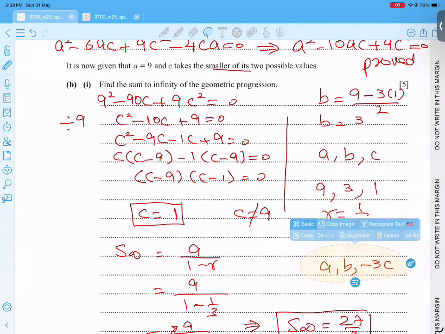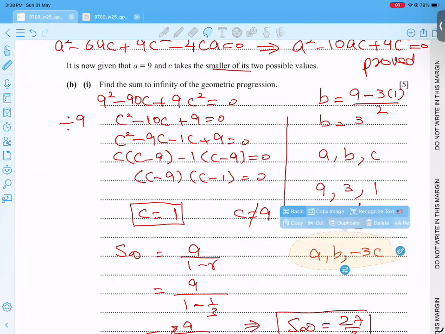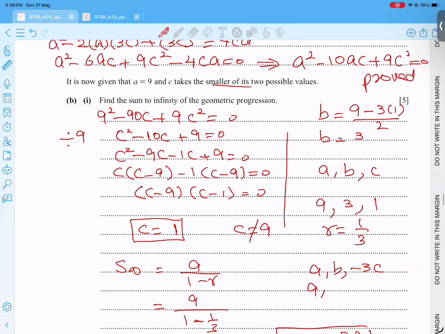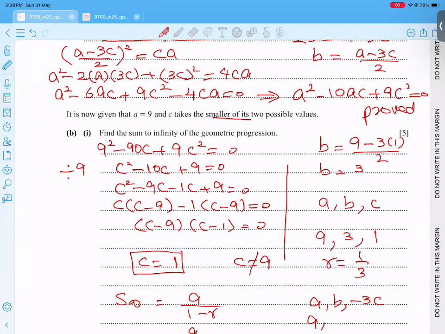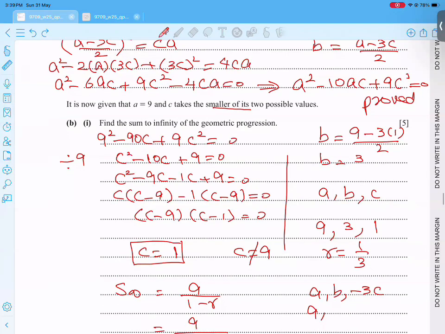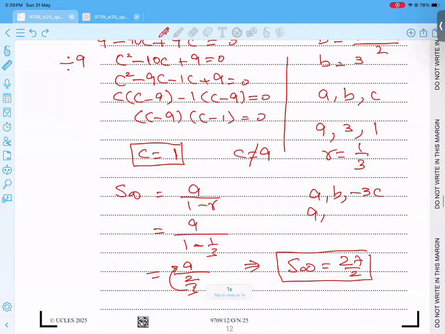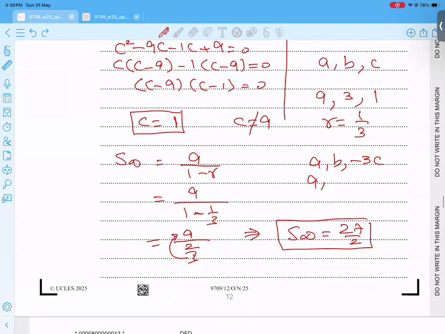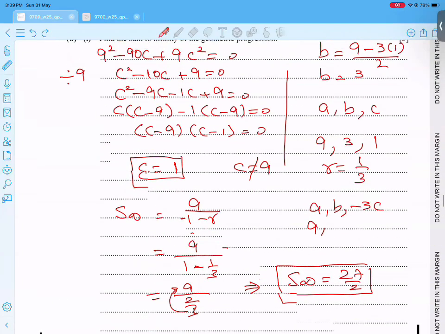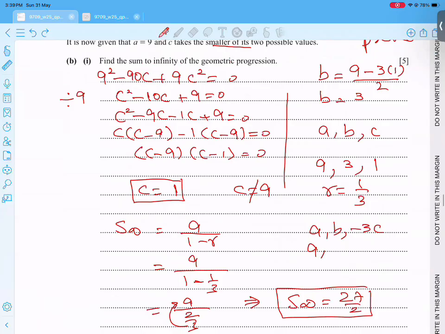Okay, what is a? a is 9, you can see clearly. And what is the b value? The b value, you know very well. If I plug in the a value from here, but this C value is for the other number. We got C equals 1 for the geometrical progression.